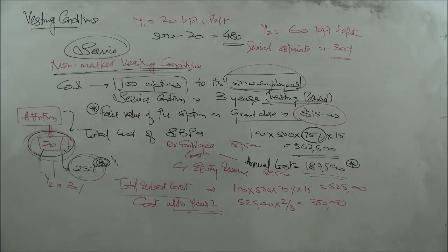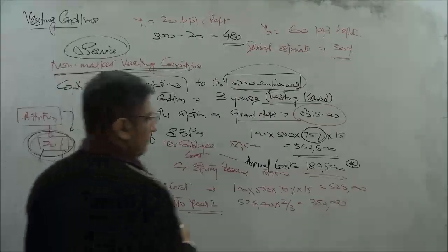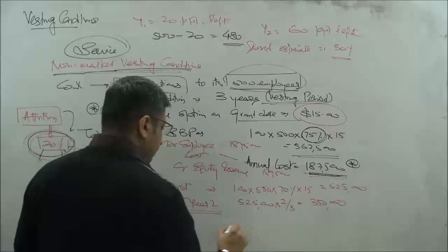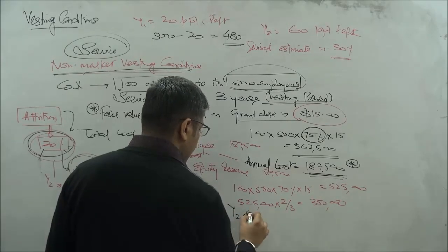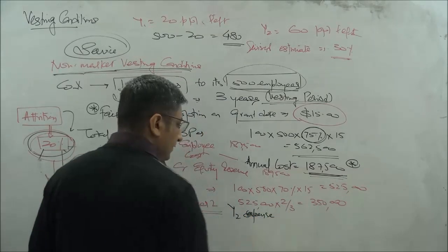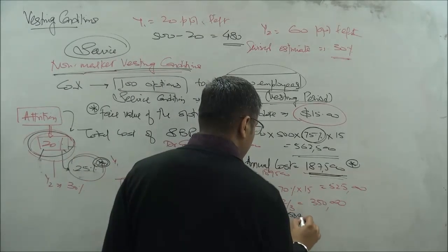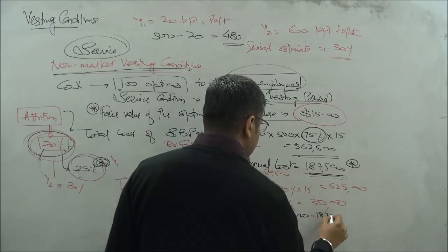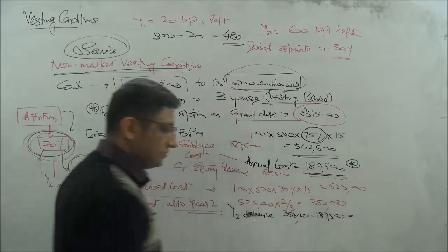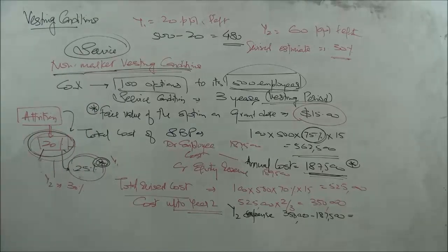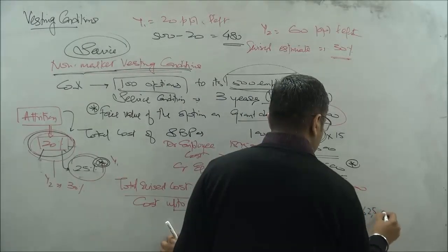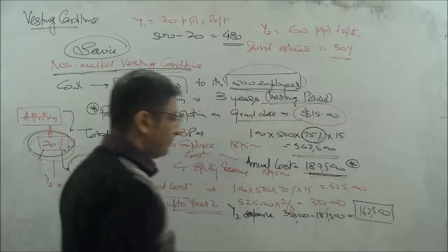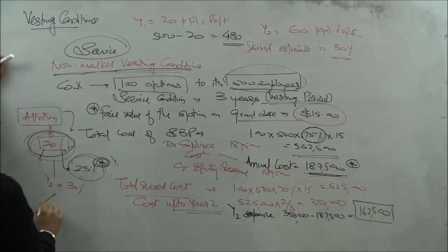Since I have already charged my year one cost of 187,500, it means that my year 2 expense should be 350 minus 187,500, and this amount comes at 162,500.